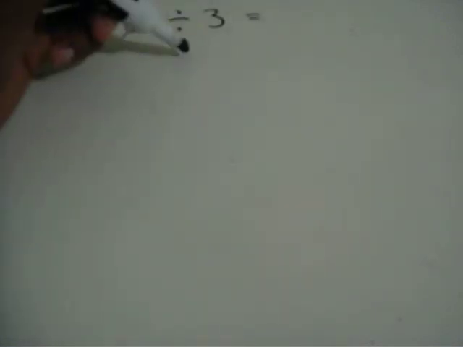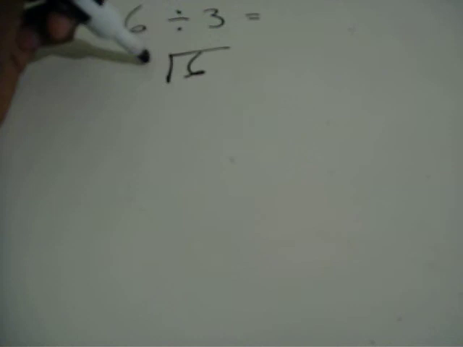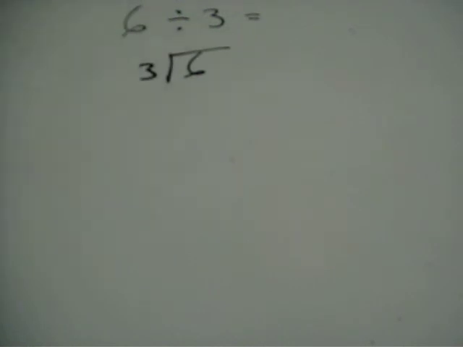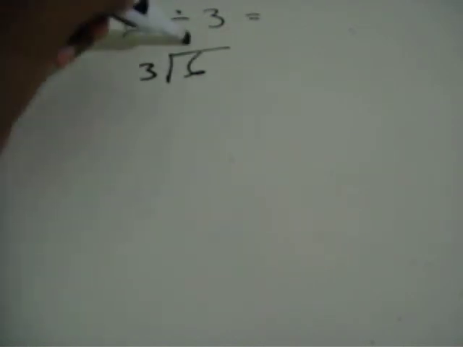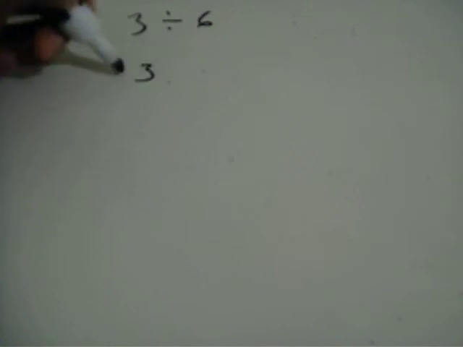It's like if I were doing long division, 3 goes into 6 2 times. You have to be careful not to get that confused with 3 divided by 6, which would be 3 on the inside and 6 on the outside.